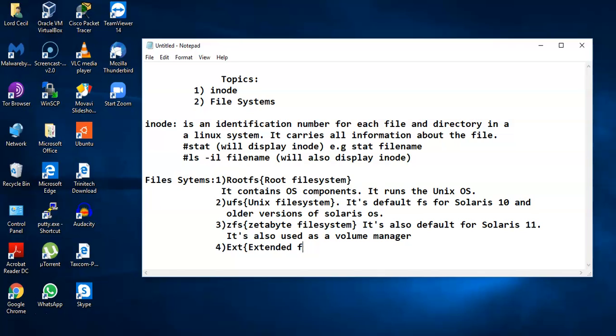This is the default file system for Linux 6, keeping in mind Linux includes both CentOS and Red Hat Enterprise Linux 6.